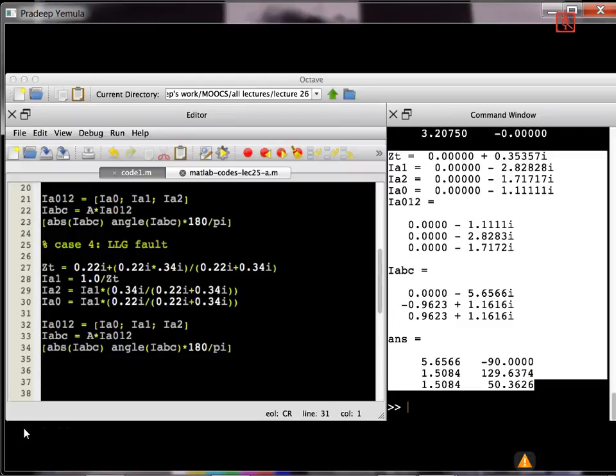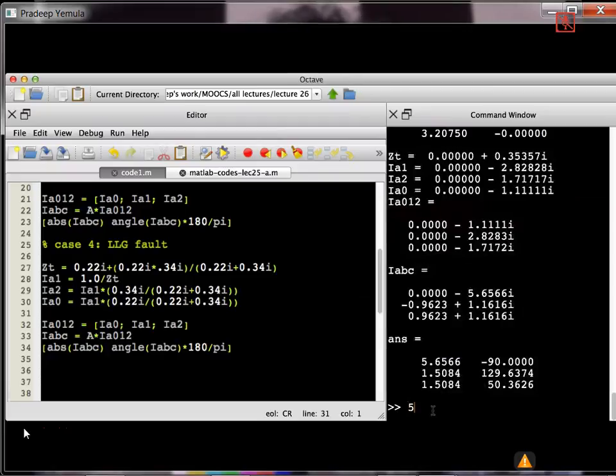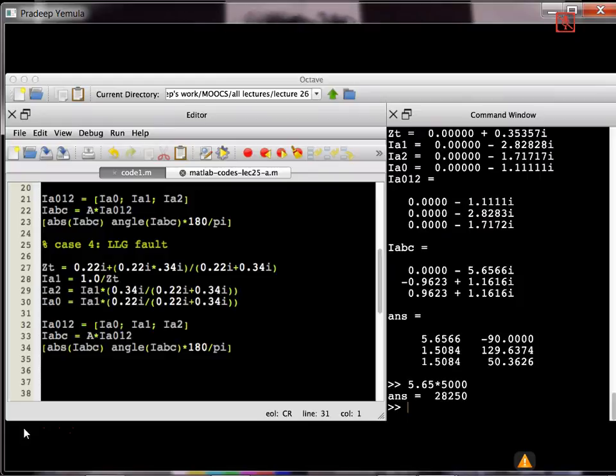Now if you multiply by 5000, this is in per unit, then you will get 5.65 into 5000. So that is 28,250 amperes.